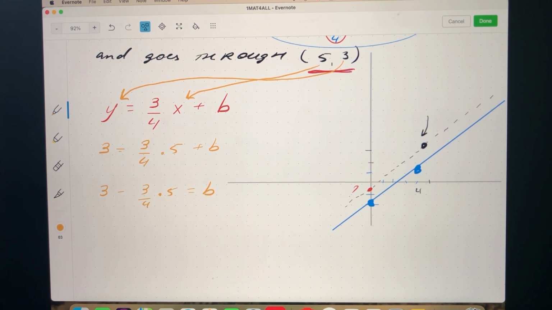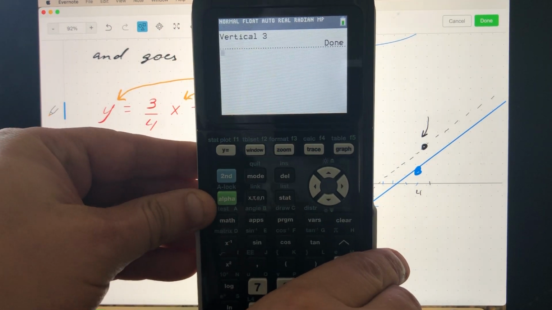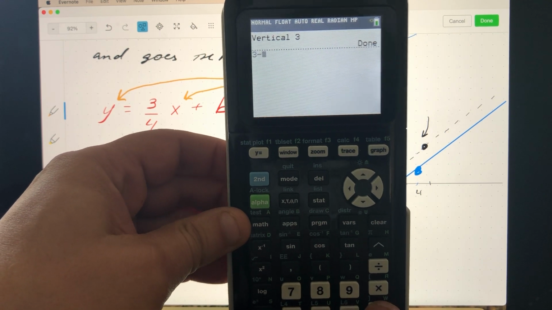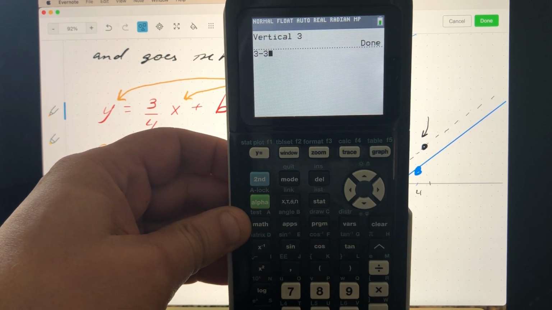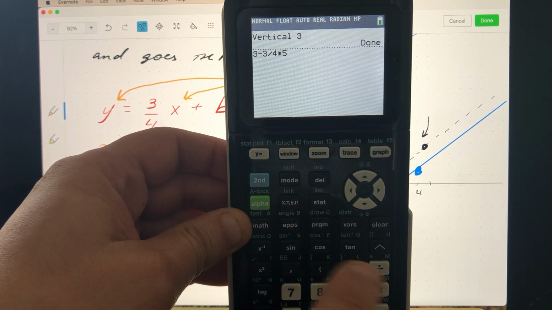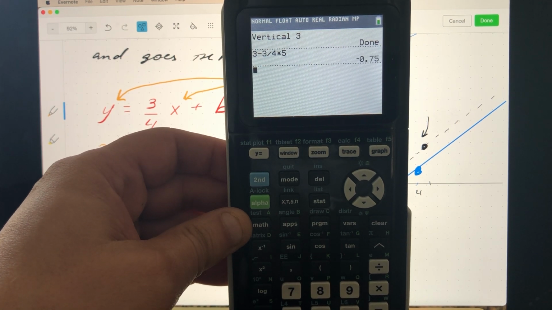We can type in the whole thing in the calculator if we wanted to and use it to get the fraction. So here is 3 minus 3/4 times 5. Remember that multiplication and division can be done in any order, so there is no need for parentheses. So here is the answer.